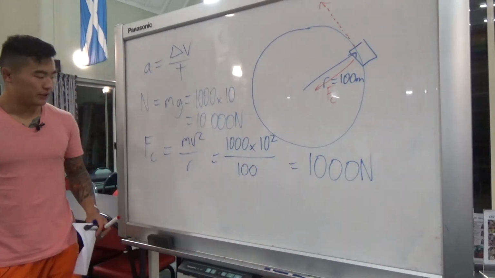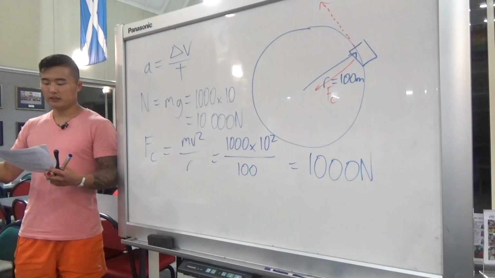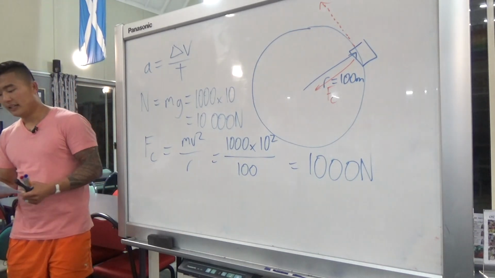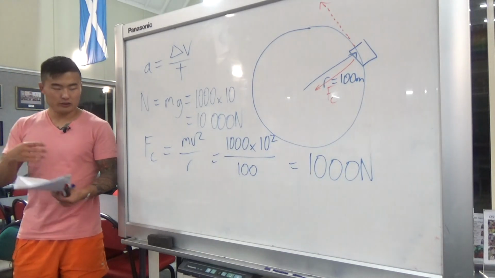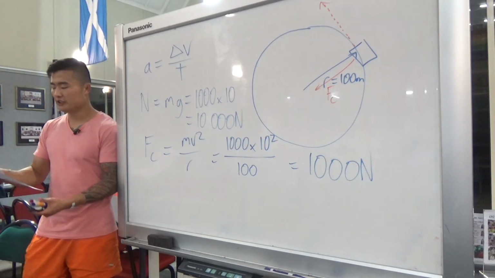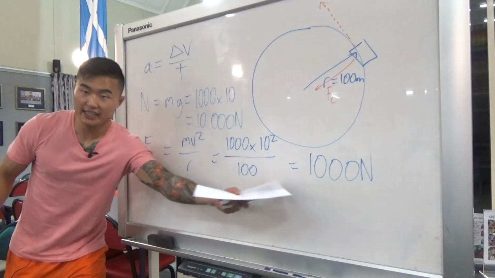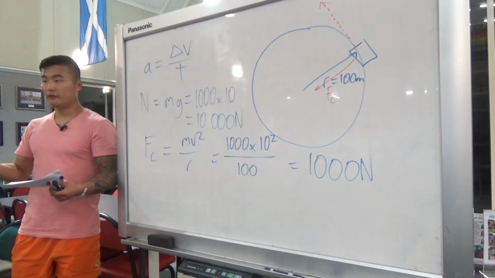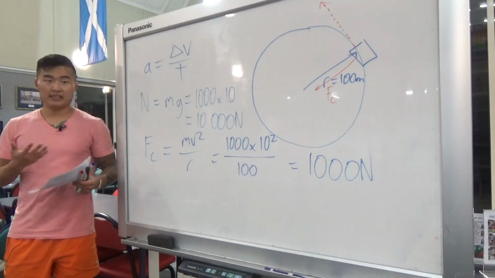That's the centripetal force acting, and that's a horizontal force acting on the load, so D is false. But that is also the calculation for option E. The magnitude of the frictional force on the load is approximately 1,000 newtons. That's what we've just calculated. It's the friction from the truck deck on the load that's causing that centripetal force.